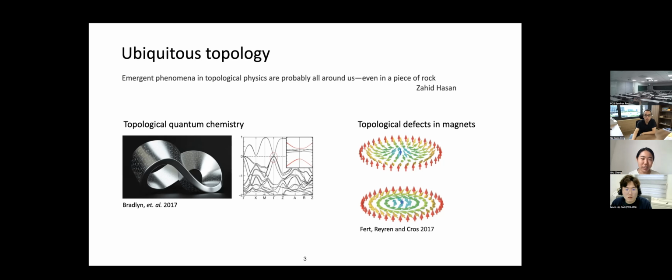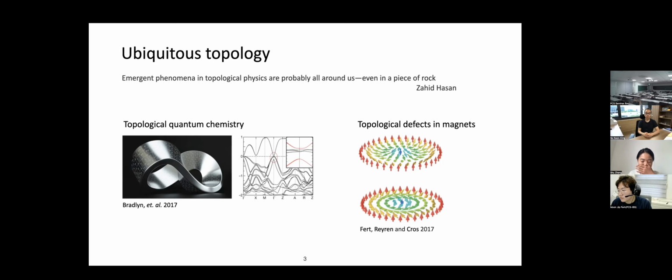And recently, there's the rising field of topological quantum chemistry, where people characterize the band structures of all materials, and many more materials with non-trivial topology came to our vision.